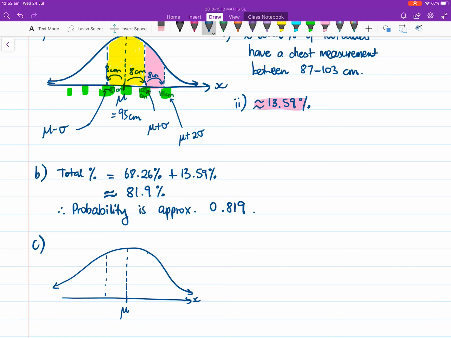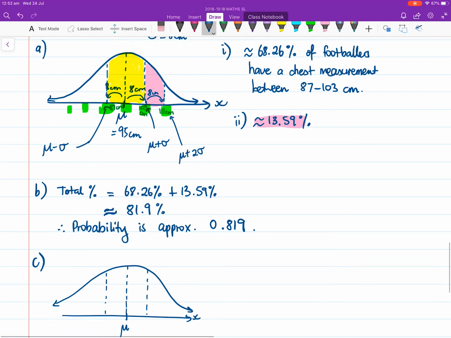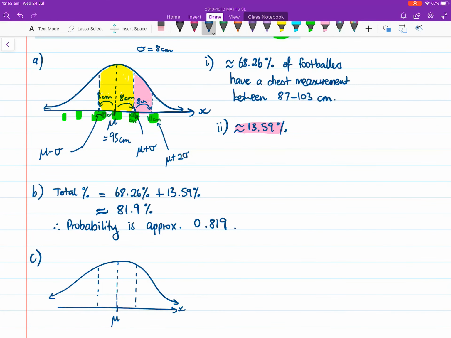Now this portion in here, I'm just going to round off. I'm going to say it's roughly 34% and 34. And then the next bit, the next standard deviation over, was about 14%, roughly.